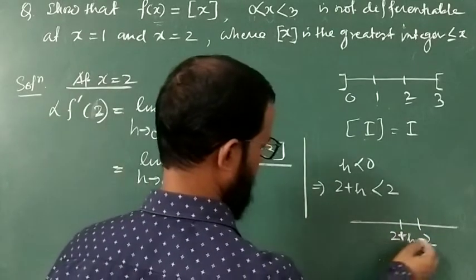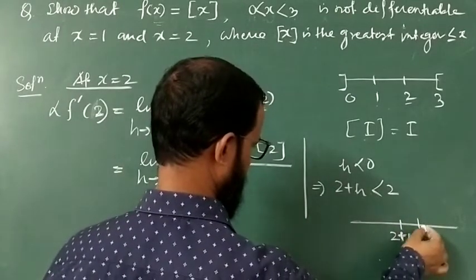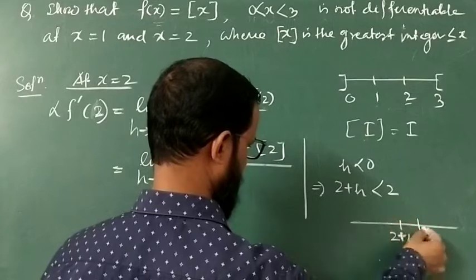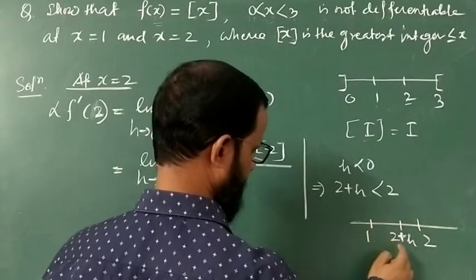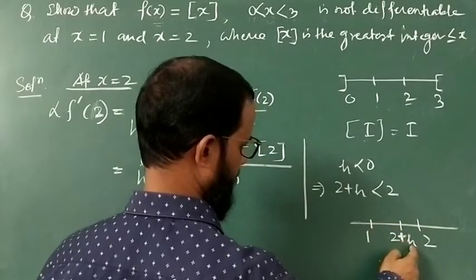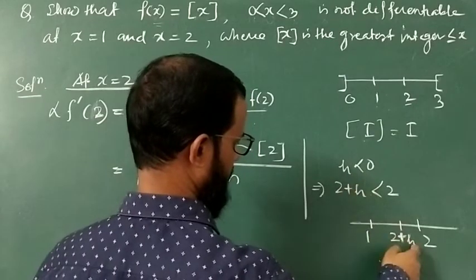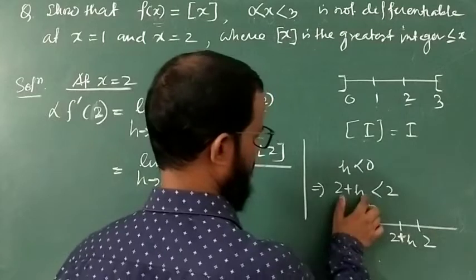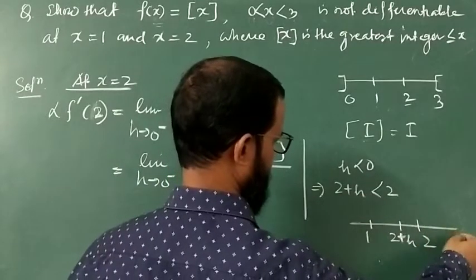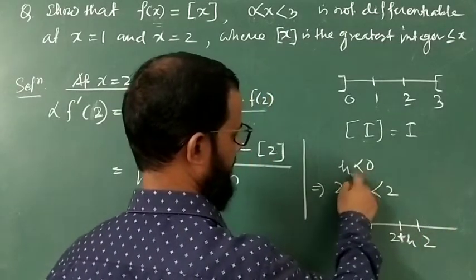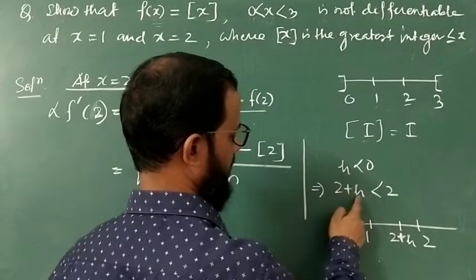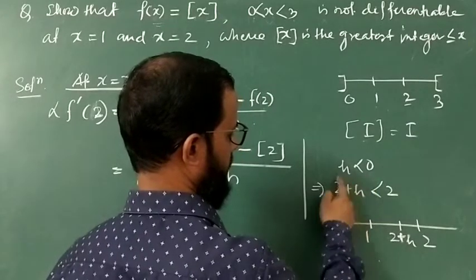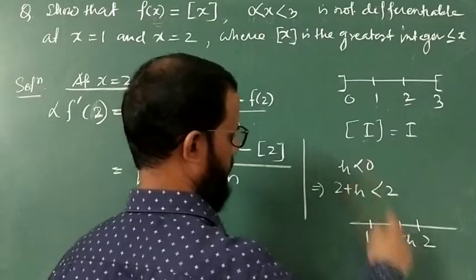But between that is next, जो previous integer होगा 2 का, ये suppose 1 होगा. Since h is a very small quantity which is negative. आप लोगों को ऐसा लगा होगा 2 plus h हो तो ये तो 2 से राइट में होना चाहिए, लेकिन h क्या है? h नेगेटिव है, तो पॉजिटिव के साथ अगर नेगेटिव ऐड करेंगे तो जो वैल्यू होगा, this value will be less than what? 2 होगा.